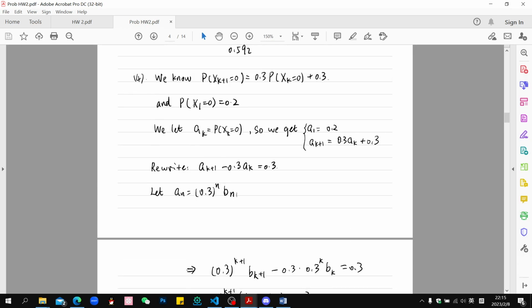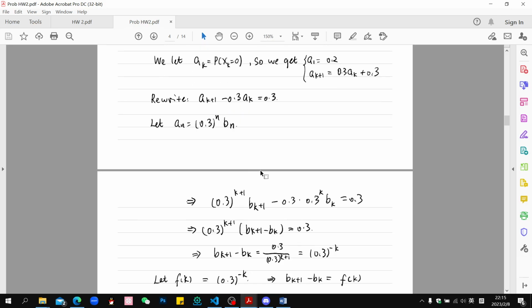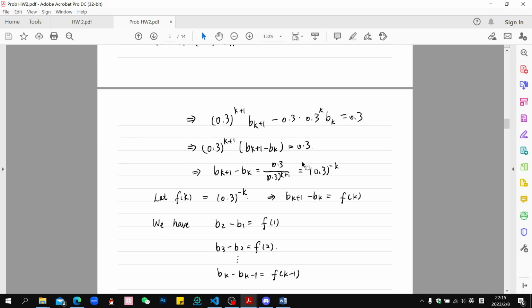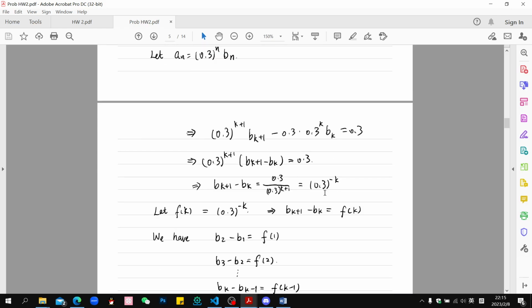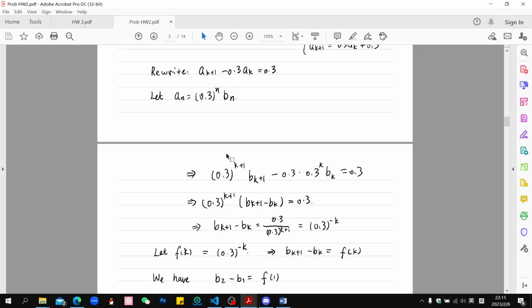That is this term, the general expression for the probability for xk to be 0. Then the calculation here is quite straightforward. Do some substitutions and calculations.